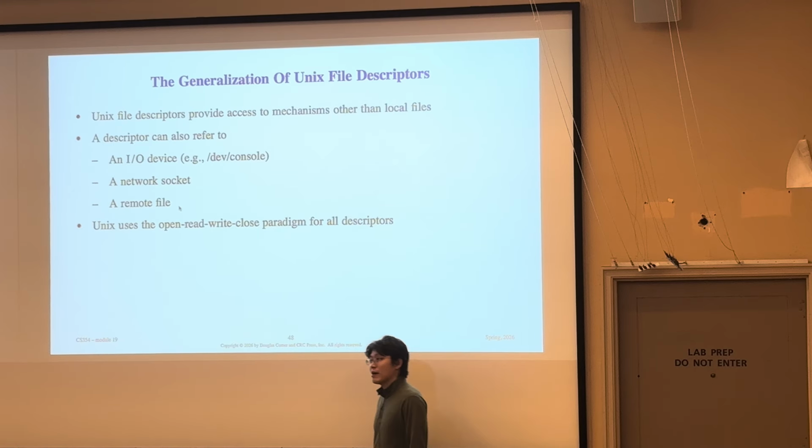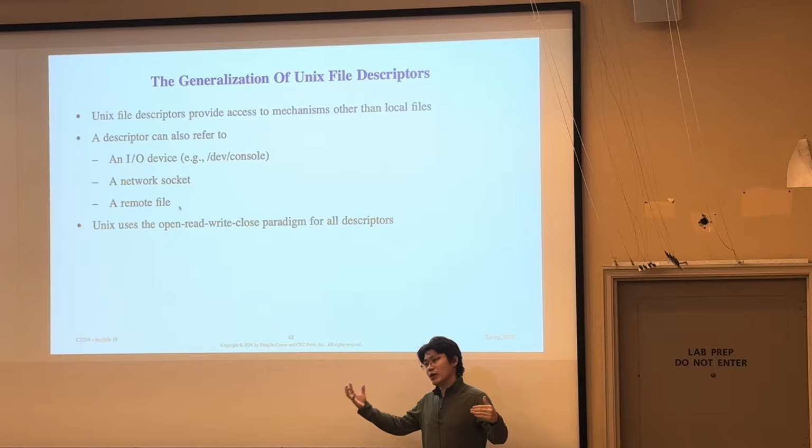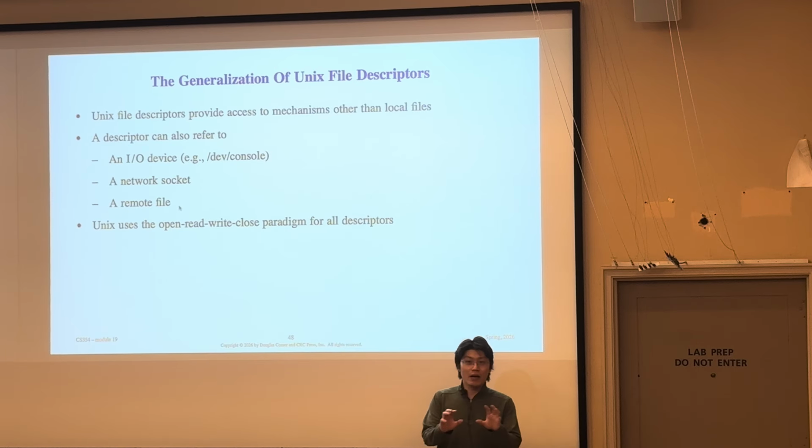Essentially, you're creating a temporary byte stream, so it bridges the output of the first command to the input of the second command. And that is a very elegant example of the philosophy of Unix: everything is a byte stream. Pipe is a byte stream that you can use to connect to other byte streams.